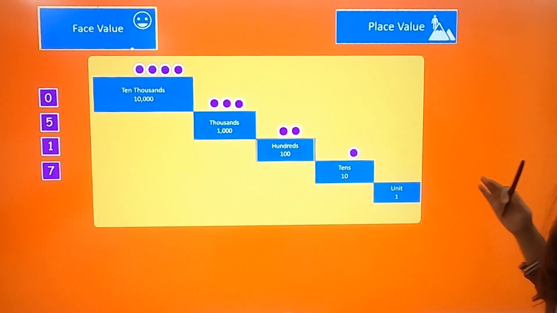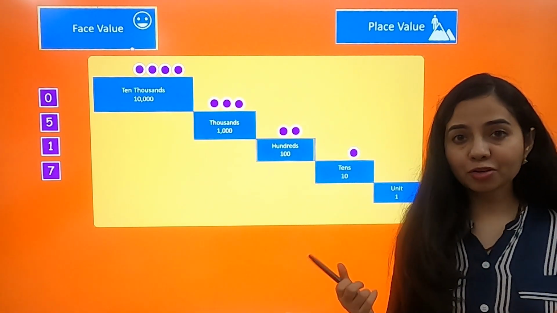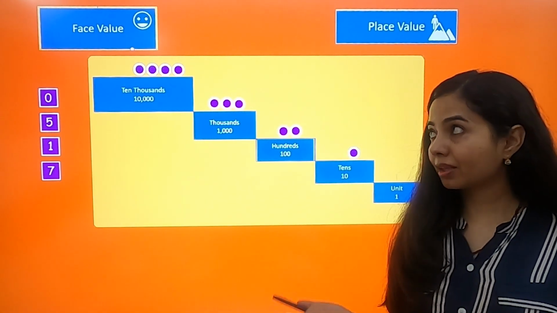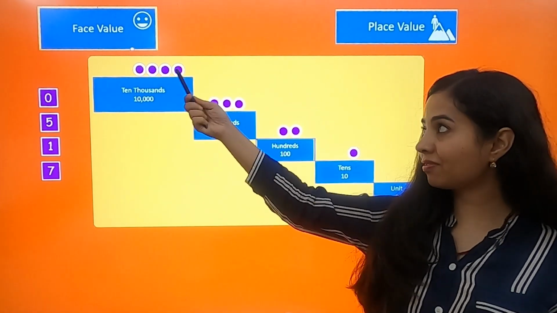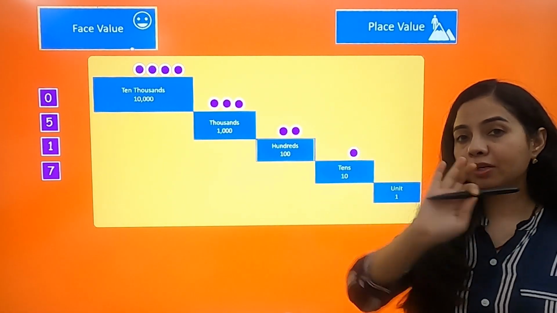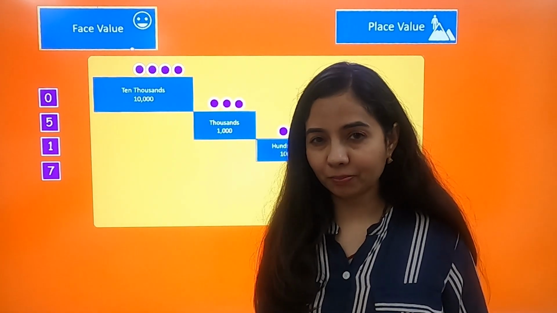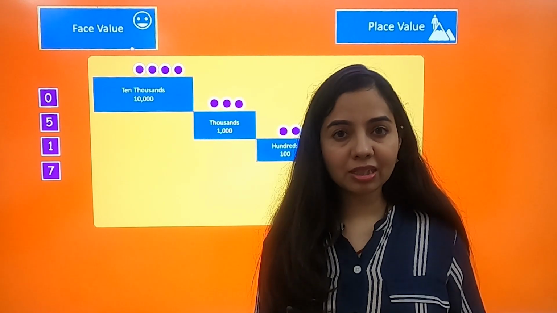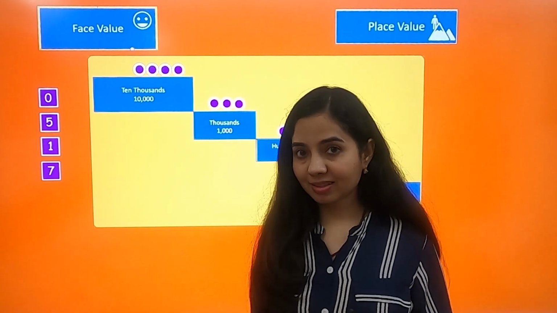So now once we have understood how to read and write a number in the Indian system, we can talk about these two concepts also, face value and place value. You might have noticed that every digit has an intrinsic value, which doesn't change no matter at which place it is.